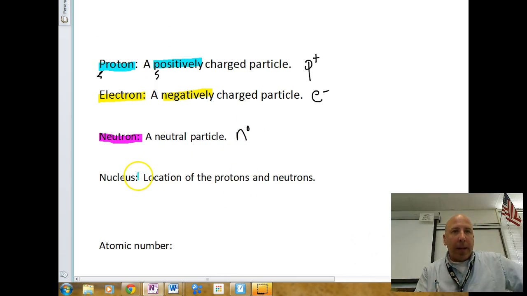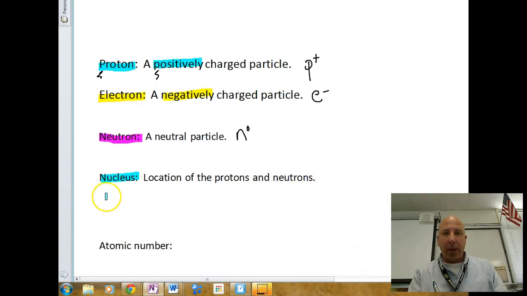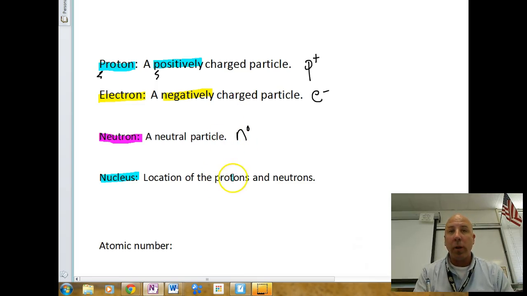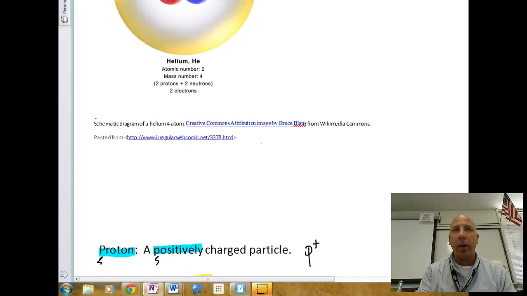Now we also need to bring up the idea of the nucleus. The nucleus in chemistry is different from the idea of nucleus in biology. In biology, we talk about the nucleus being the location of the DNA, but in chemistry, the nucleus is the location of our protons and our neutrons. So let's scroll back up and take a look at our diagram.